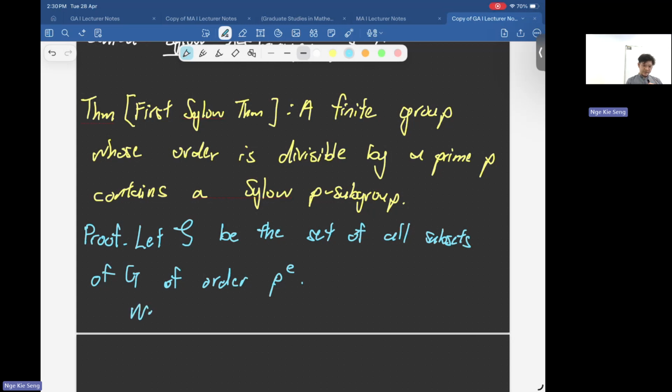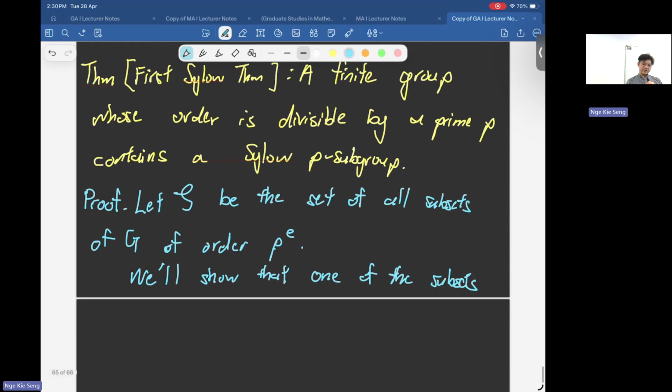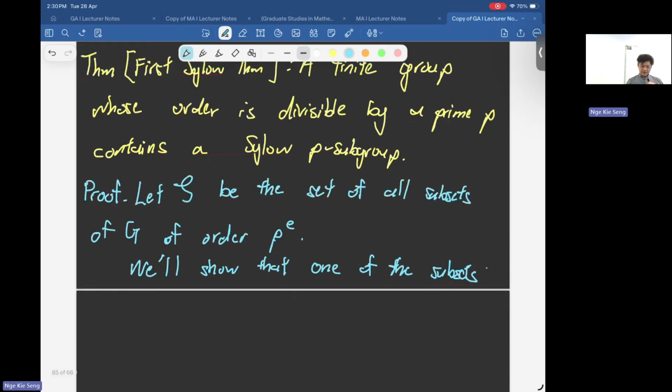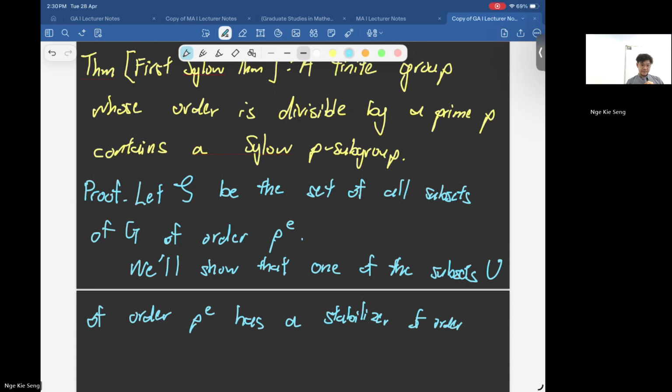A very genius way: we're going to show that one of the subsets, not subgroup yet, let's call it U, of order P to the E, actually has a stabilizer of order P to the E.